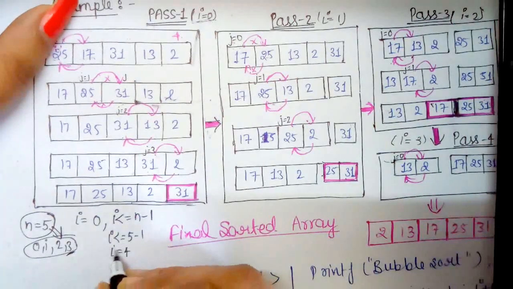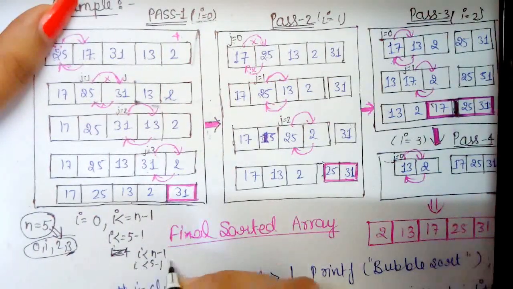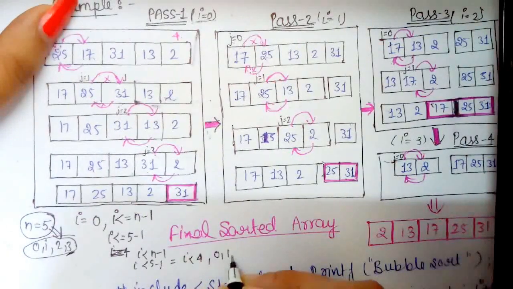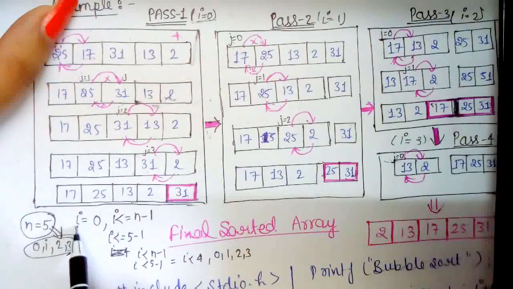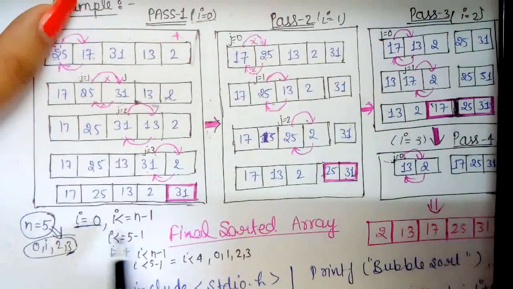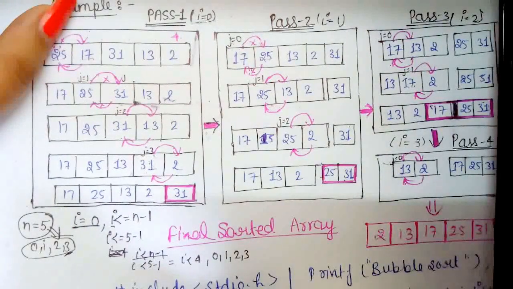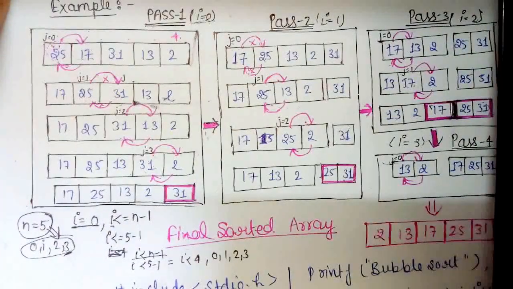So if I write I less than n minus 1, that is 5 minus 1, that is I less than 4. So it will execute till 0, 1, 2 and 3. That will be okay. So this is the initial condition for the ith loop, and this is the termination condition for the ith loop, less than n minus 1, because we are executing 0, 1, 2 and 3.